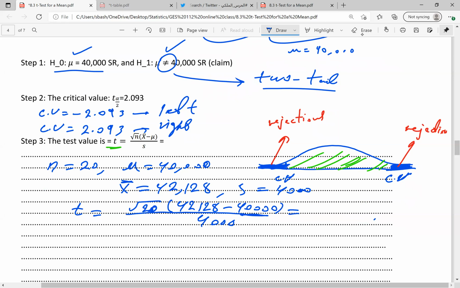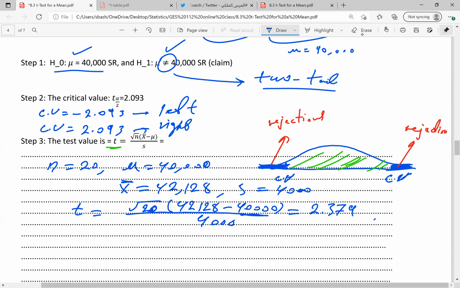This will give me 42,128 minus 40,000, multiplied by square root of 20, divided by 4,000. It is equal to 2.379.